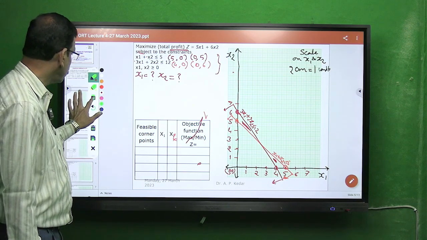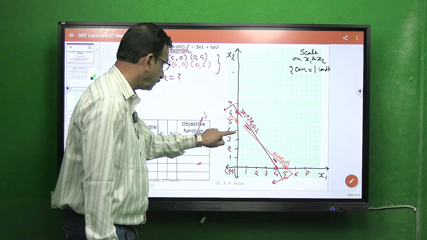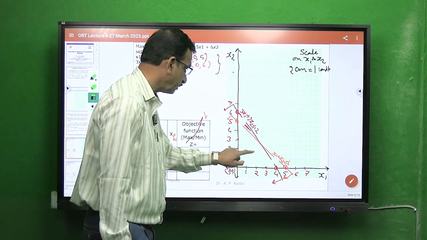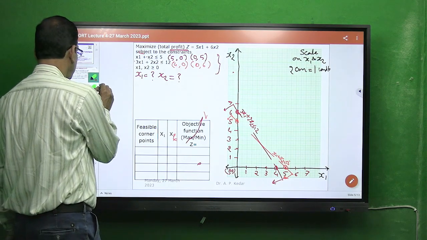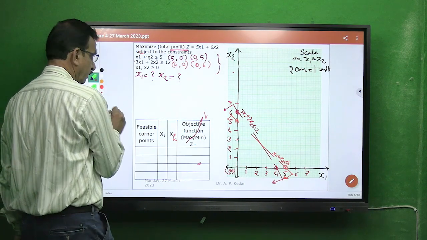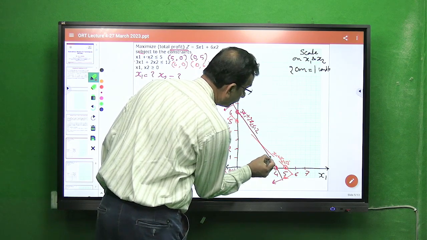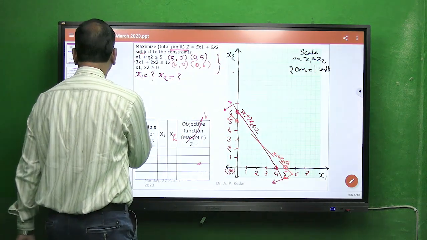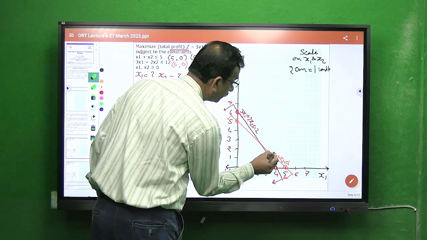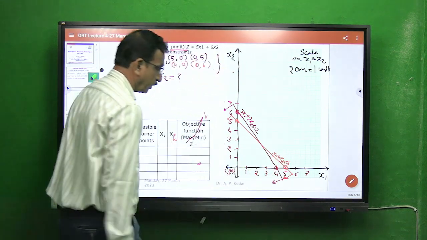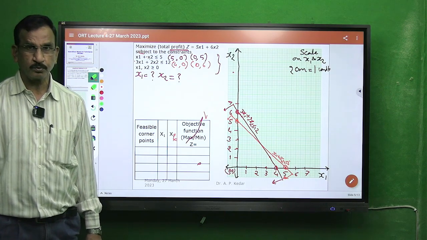So if you look, I have erased the area which is not common to both lines.